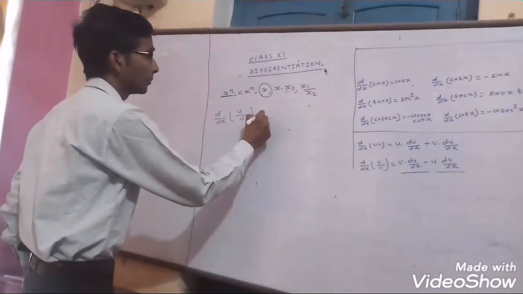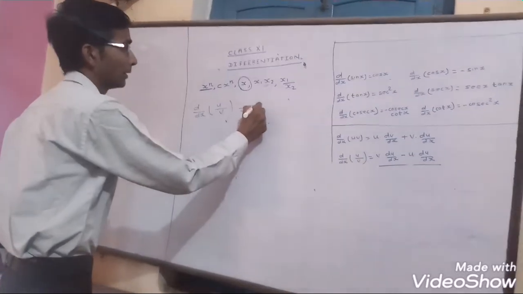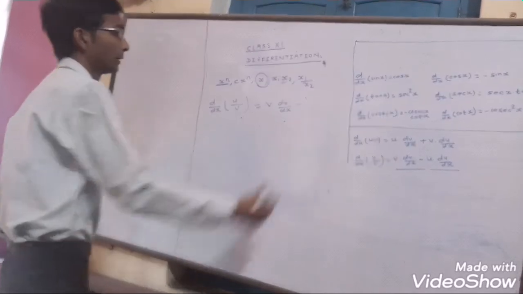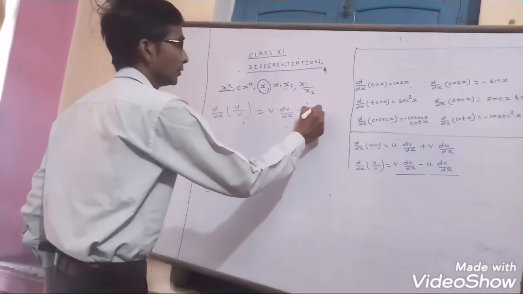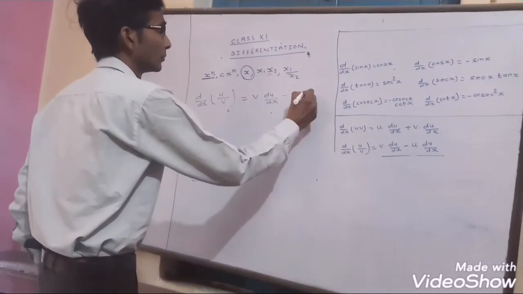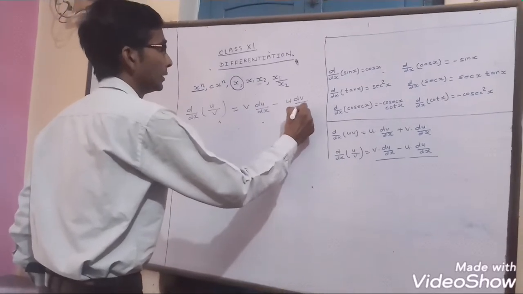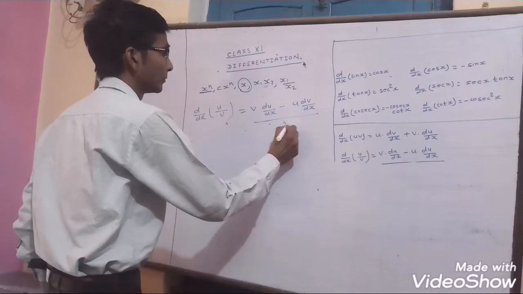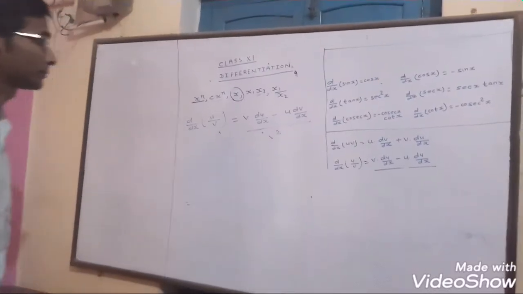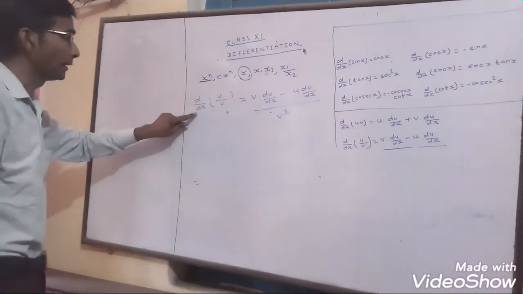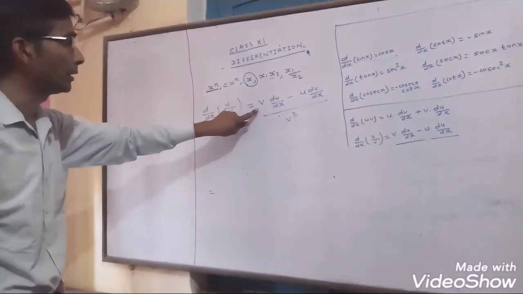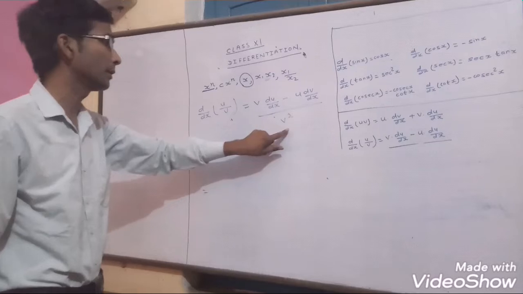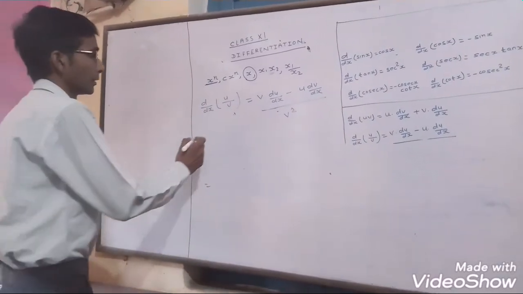Then the answer becomes v du by dx minus u dv by dx and divided by v square. D by dx u by v, v du by dx minus u dv by dx divided by v square.